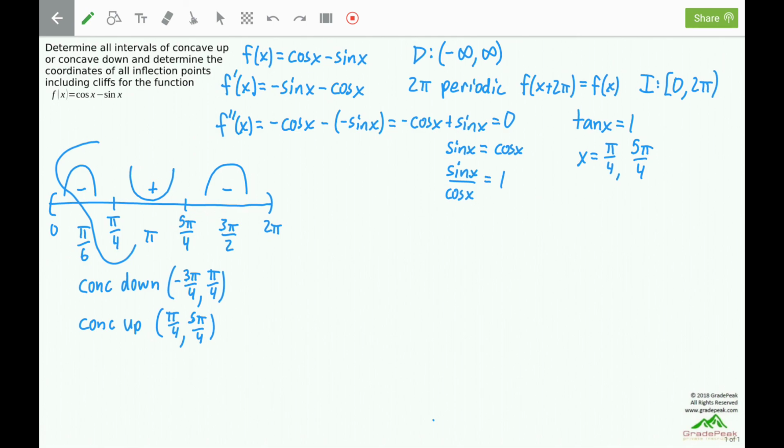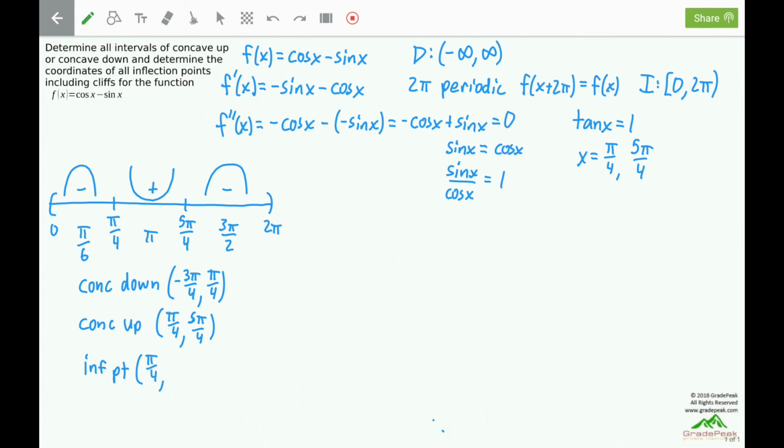Right at the candidate number of pi over 4, the concavity is changing from concave down to concave up. Therefore, x equals pi over 4 is an inflection point. It has an x-coordinate of pi over 4.